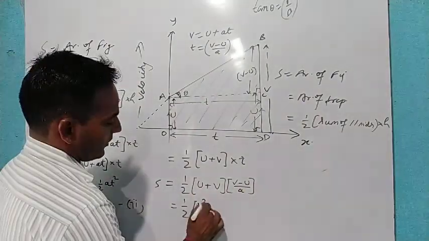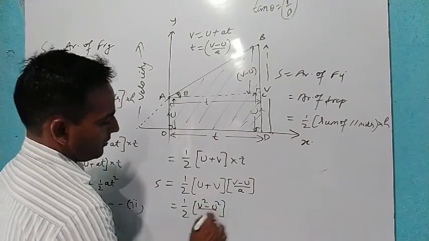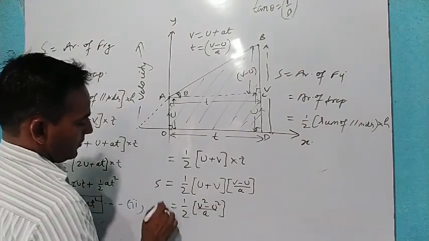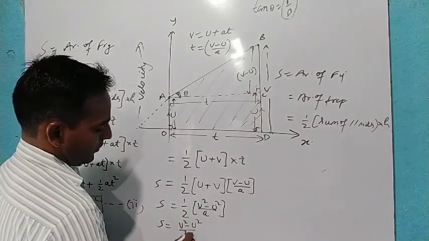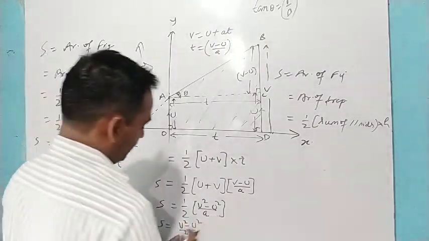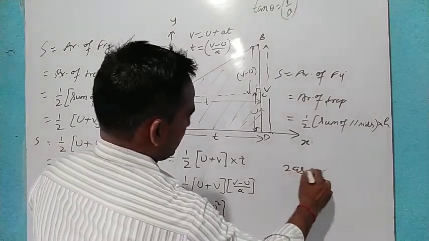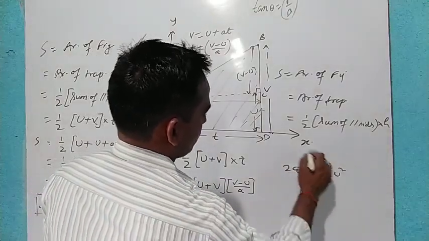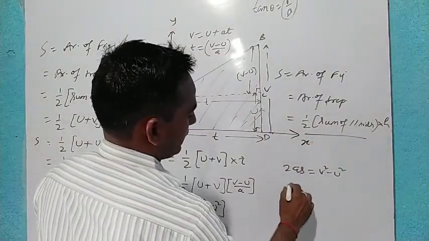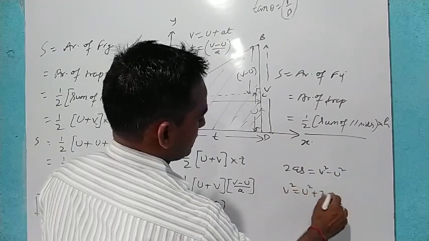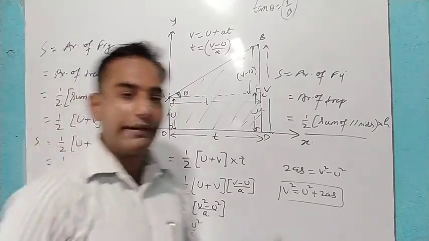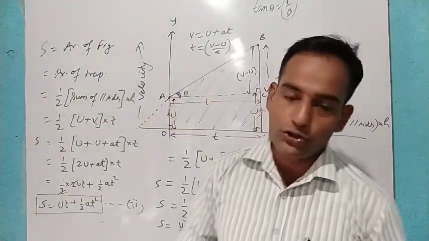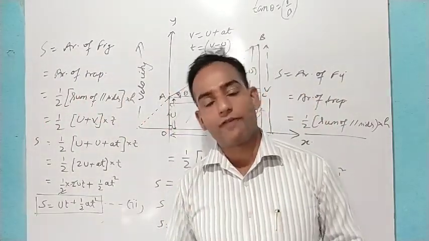We can write v square minus u square upon a. If we solve this, s is equal to v square minus u square upon 2a. So, 2as is equal to v square minus u square, or we can write v square is equal to u square plus 2as. So, this is the way to derive the equations of motion with the help of the graph method.